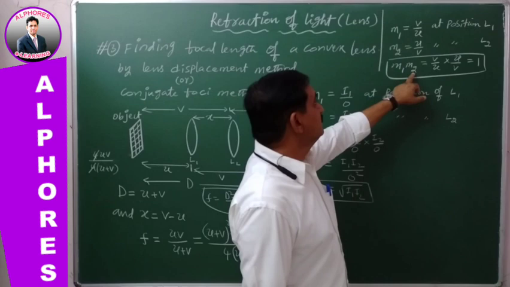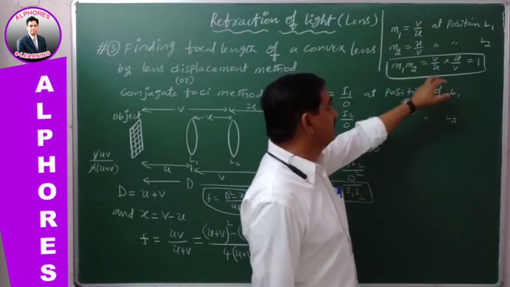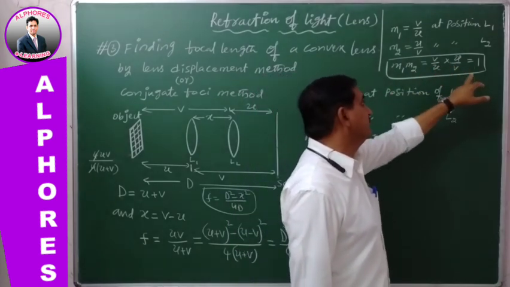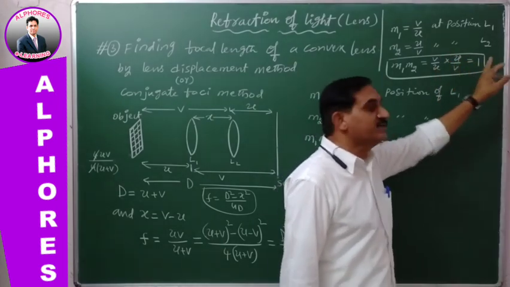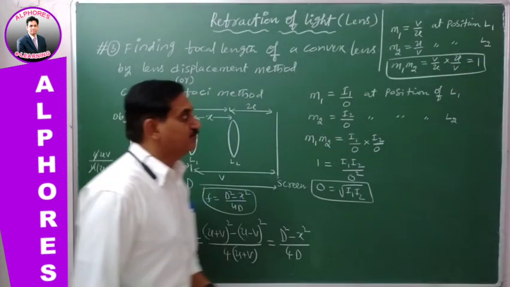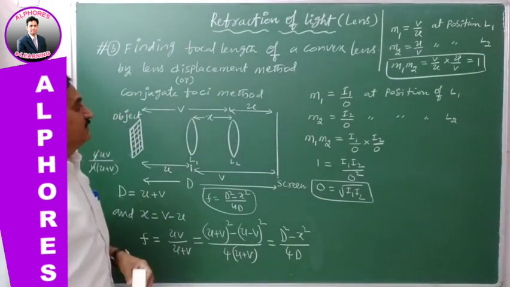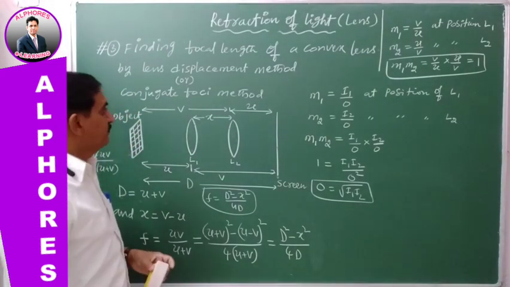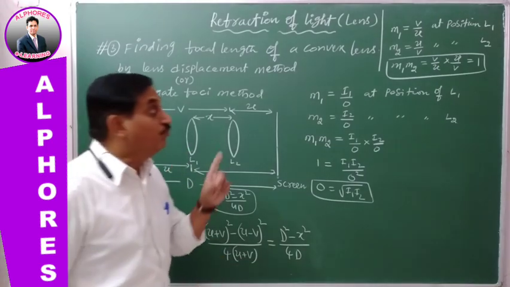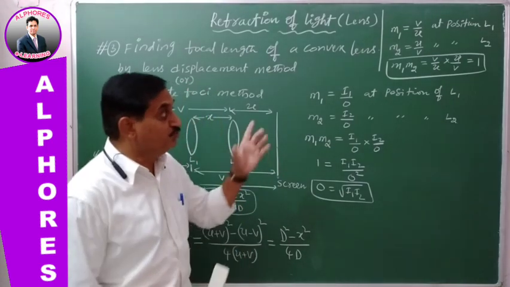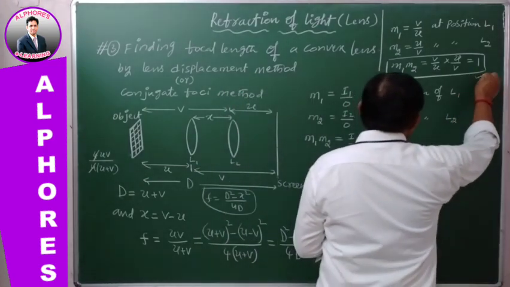Now the product M1 into M2 is V by U into U by V; these cancel, and you get 1. The product of the magnifications at two different positions will give 1. It's proved, okay? It's very clear.